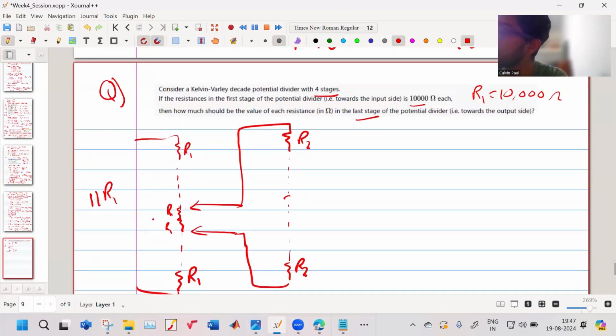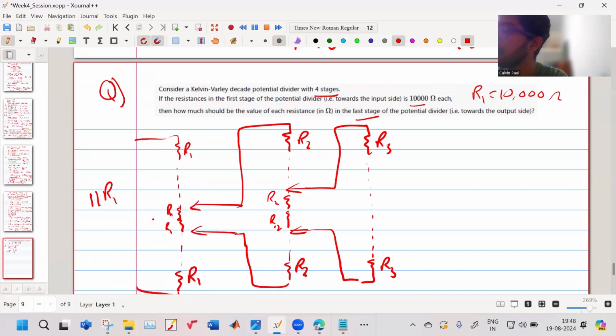And between two of the R2s, we will take the next set, which will go to R3. Again, there are 11 R3s. And in between two of the R3s, we will take it. And then finally over here, there will be 10 R4s.